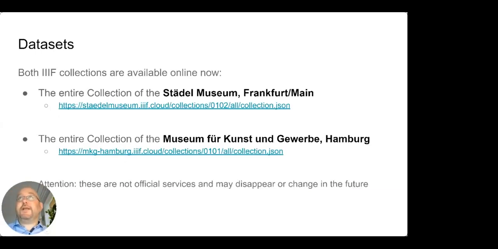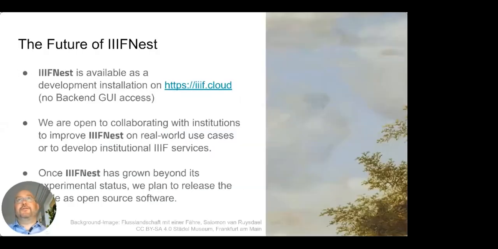And both collections are now available online. Please feel free to take a look at the data. The slides with the URIs will be available on our Twitter account or on the conference website soon, I guess. But please remember, these are not official services of the institutions, and the system is still under development, so the IDs may change or even disappear in the future.